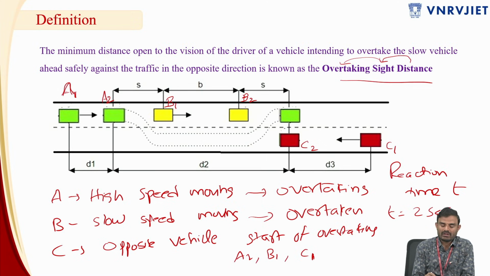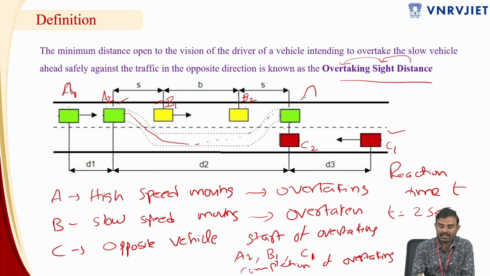At the end of overtaking, after the completion of overtaking, vehicle A will be coming along this path and will be updating to the position A3.